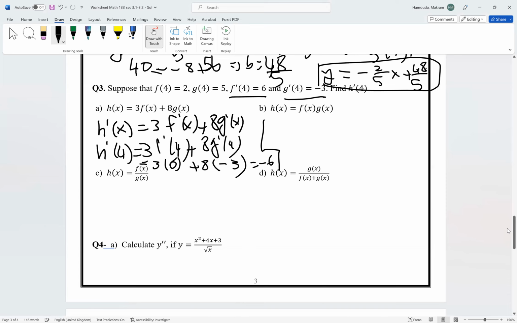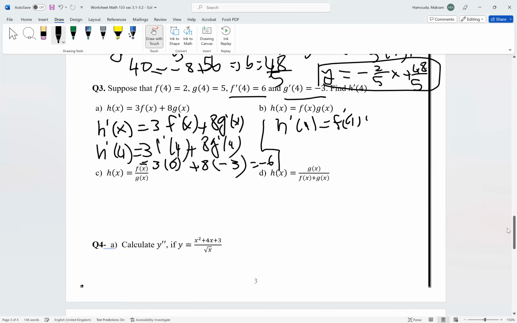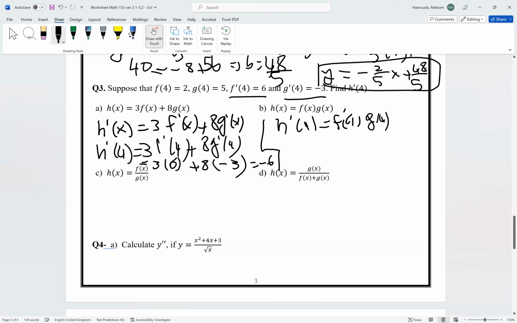Now, what about B? I will write directly. It's the product rule of derivative. So h prime of 4 will be f prime of 4 times g of 4 plus f of 4 times g prime of 4.